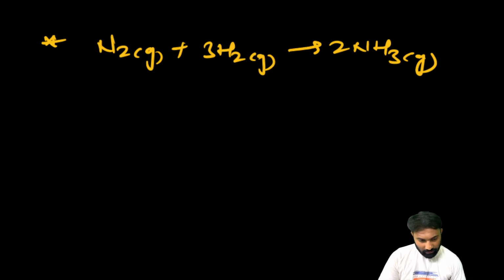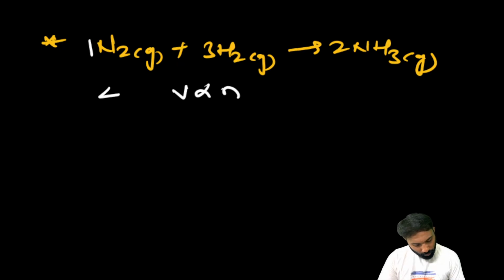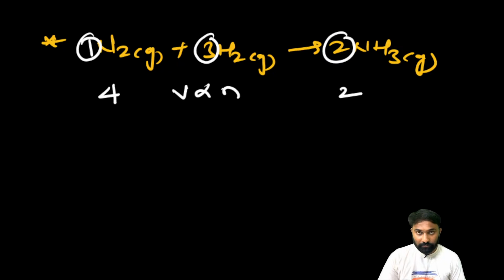Now here you will see, initially the volume is directly proportional to the number of moles. By seeing the number of moles also we can see. Now here we are having 4 moles at the reactant side. Now the product side, what has happened, 2 moles, right? Clear?